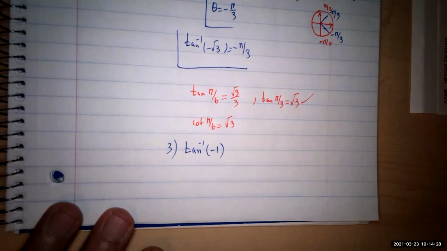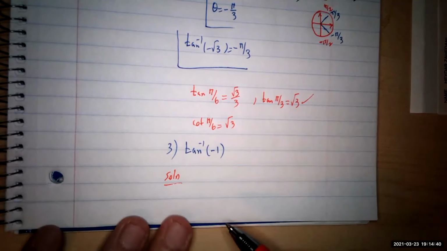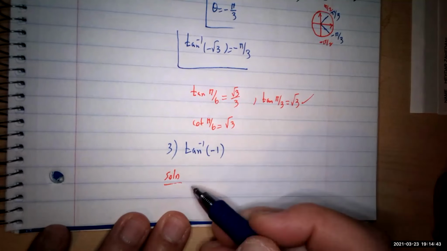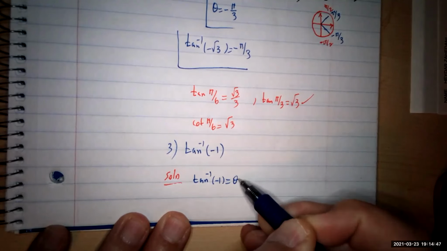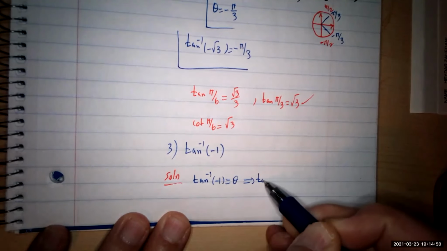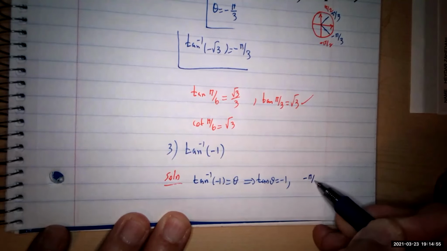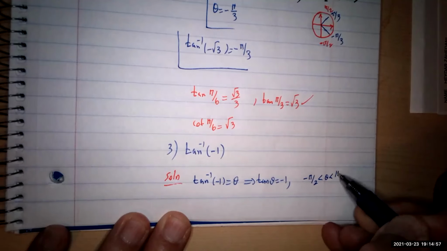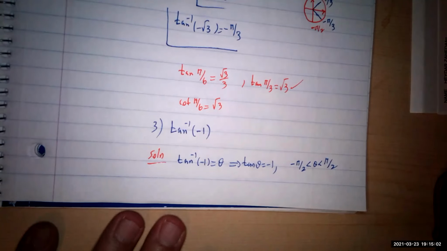You must pick anything between -π/2 and π/2. 3π/4, which is 135 degrees, is not in it. So be careful. You have to pick -π/4. You check this one first: theta, then the tangent of theta would be -1. But remember, there is a condition. This is your condition. So this means you cannot pick 135 degrees.